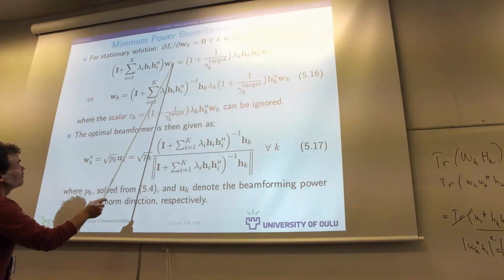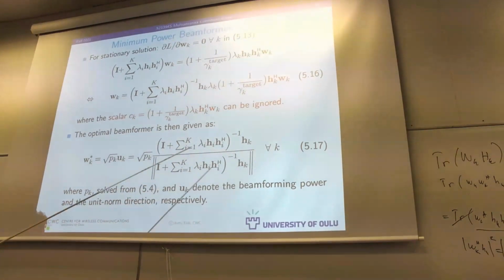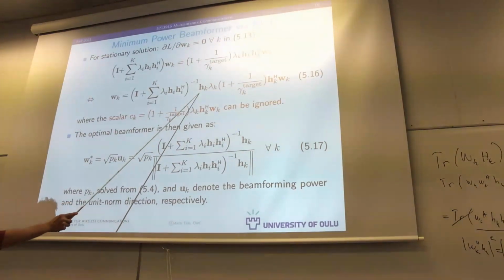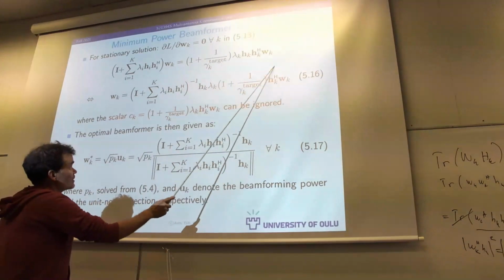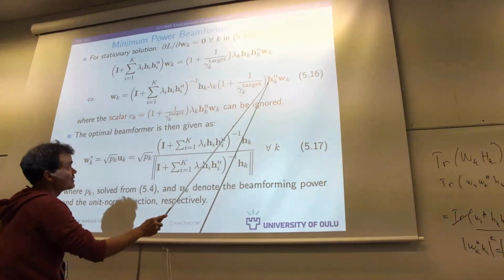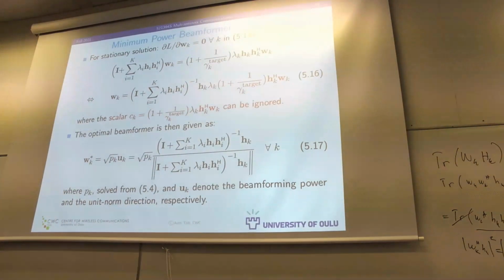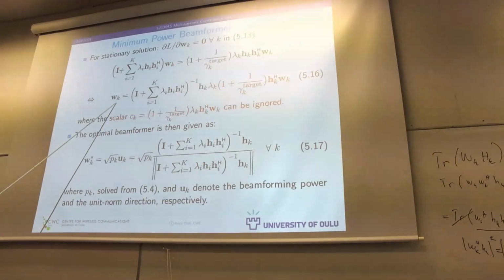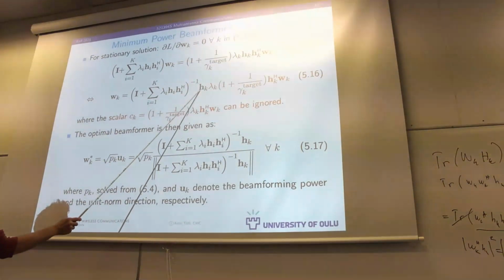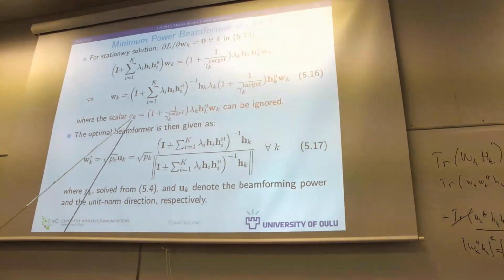Okay, so now we have this complicated term left here. You can see that now we have this kind of a matched filter part matched to the user K channel and a scalar. Right? This is just a scalar. So we can call this constant CK. Okay. So now we have a beamformer expression WK, it's an inverse times the matched filter front end and then the scalar.